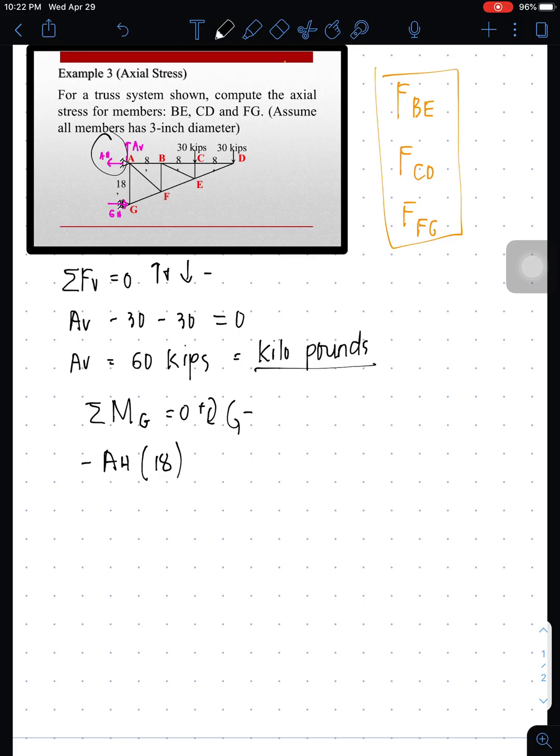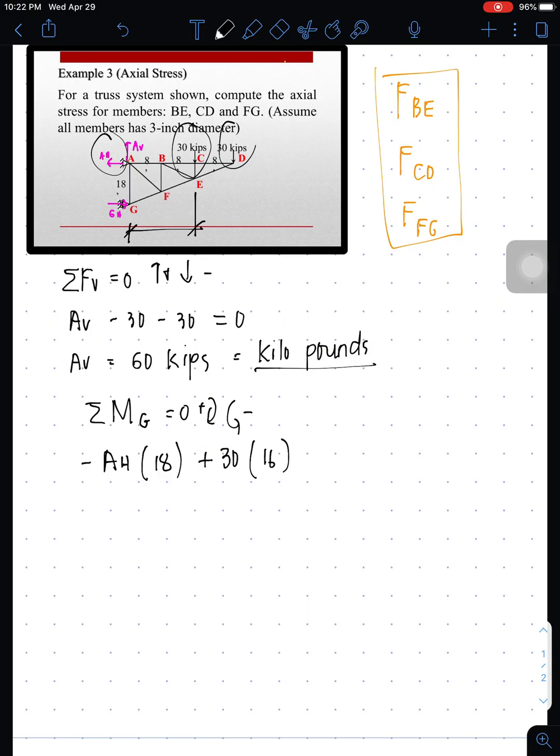And then you also have 30. This one. 30, clockwise. 30 times the moment arm from this point to here. How much is that? That's 16. And the rotation is clockwise, so positive.